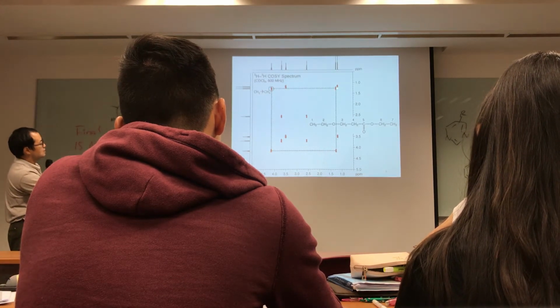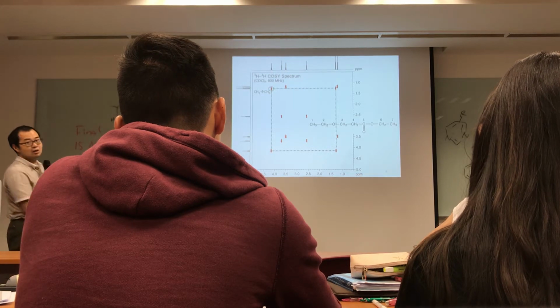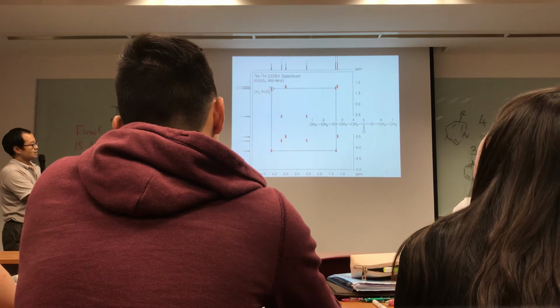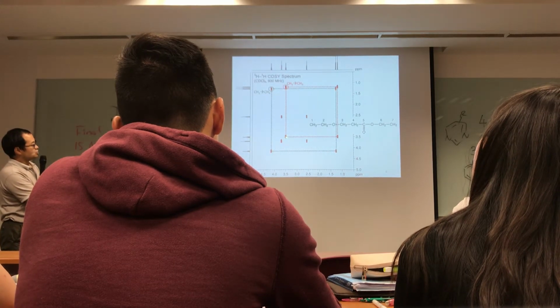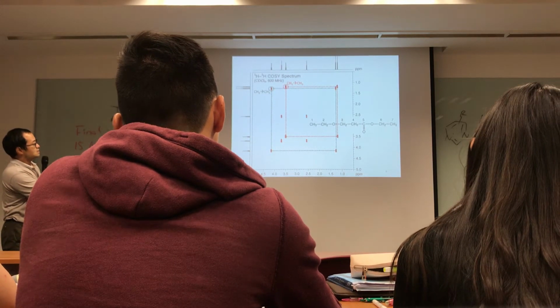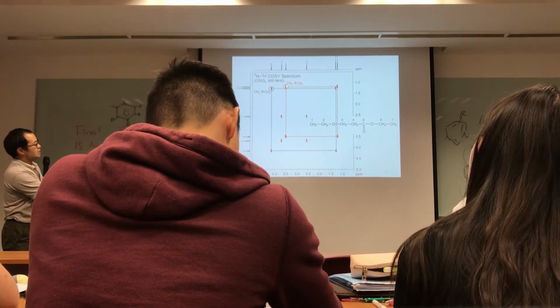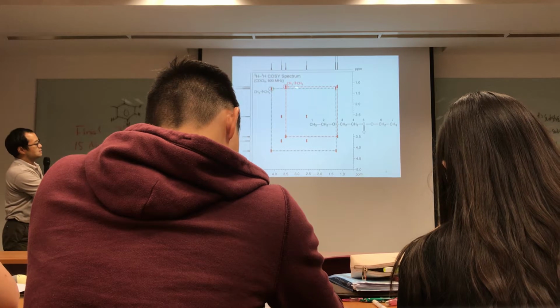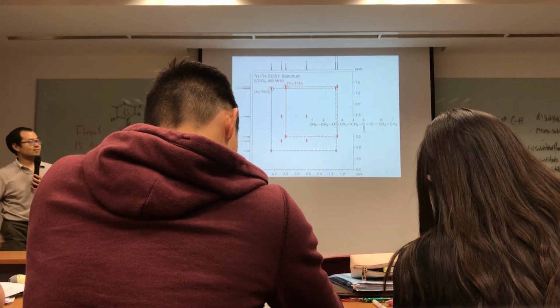You see this one and this one give a cross peak here. We can only tell it's a CH2 coupled to CH3. Now, like for this one, this is a quartet, this is another triplet. We can tell this quartet and this triplet are coupled to each other. That's CH2 coupled to CH3.